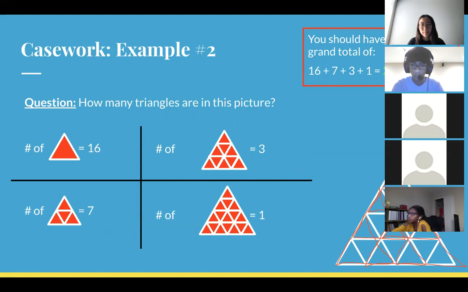So 1, 2, 3, 4, 5, and then 6. And then there's also one more as well, and that's going to be the upside down triangle, which I think someone missed. I think it was Santoshi. I think you missed the upside down triangle.